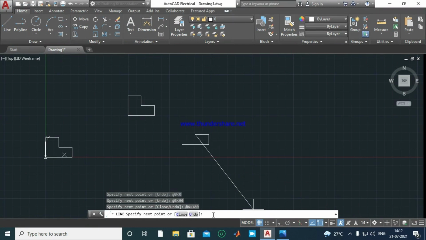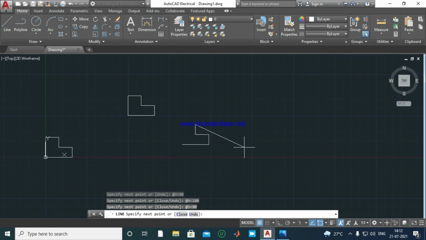Okay, now next we need to draw the line in upward direction, that is it is pointing towards the angle 90 and length is 3. So @ 3, angle is 90.